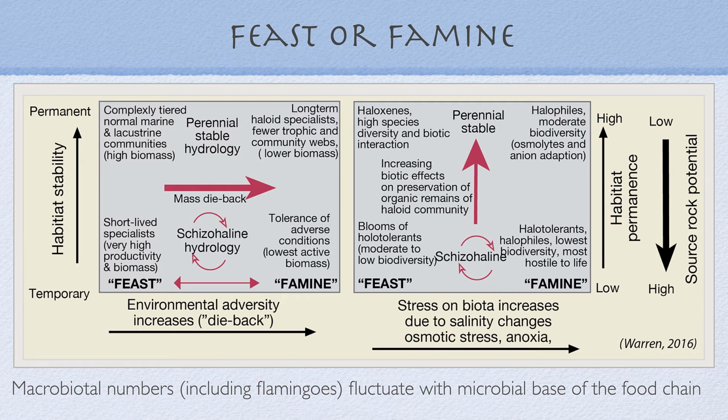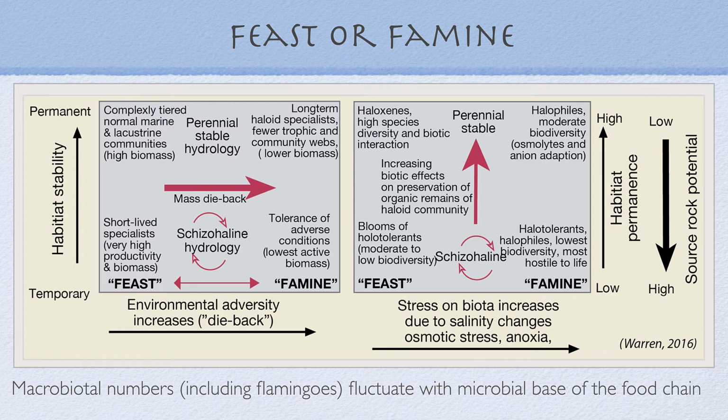But we'll also have very effective decomposition of that organic matter in that same scenario. Whereas if we have schizohaline hydrologies, fluctuating salinities in that mesohaline realm, we have these opportunistic species such as Arthrospira fusiformis, which will flourish when conditions are appropriate but will die back when salinities either become too saline or too fresh for those species to exist.